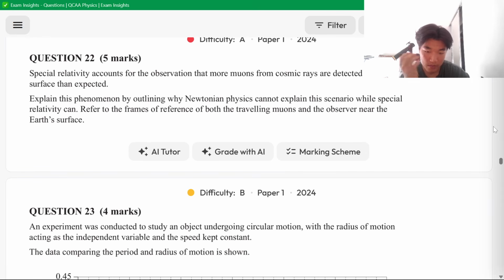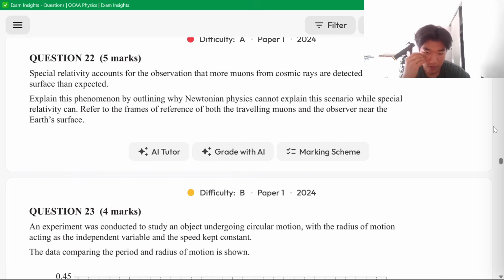And then that's because in special relativity, time is relative, since the relativistic speeds allow the muons to experience time dilation and length contraction.